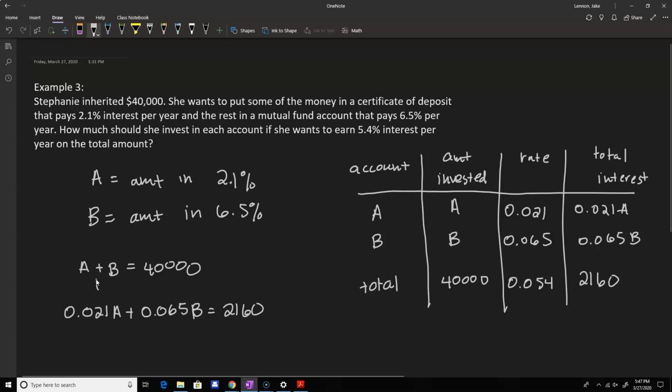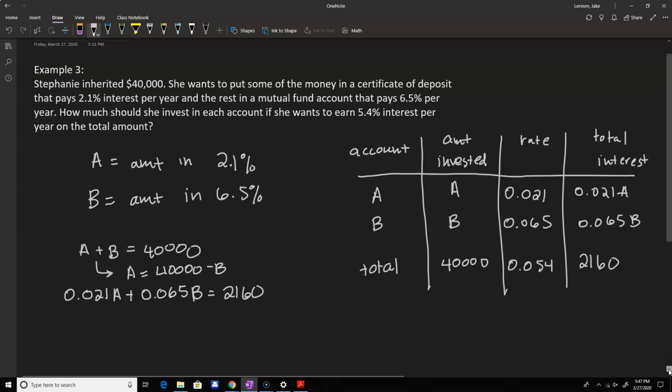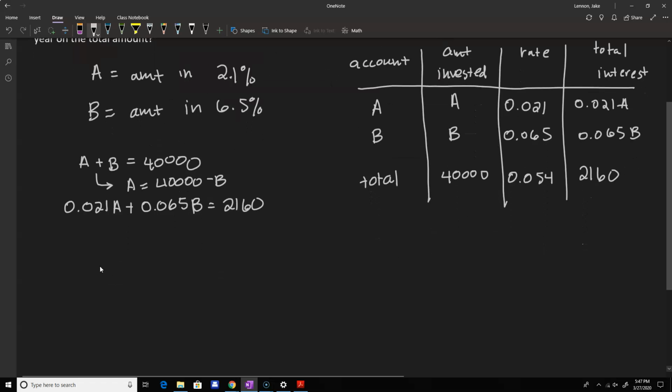Again, for the top equation, we want to solve for one of the letters, so we can say A is 40,000 minus B. Let's replace A with that 40,000 minus B in parentheses. So 0.021 times the quantity 40,000 minus B plus 0.065 times B equals 2160.